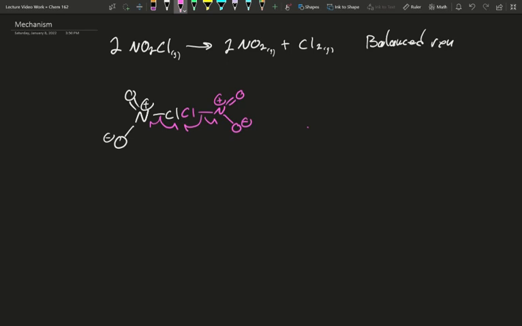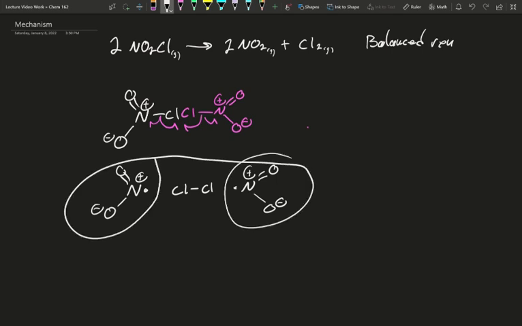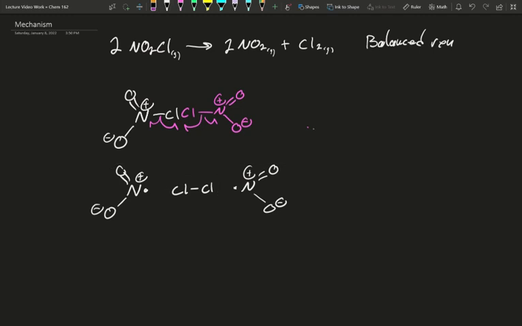You'd shatter the existing NCl bonds, the chlorines would stick to each other, and your NOs would still be attached. In doing so, we've made our products. I have two NO2s, I have a Cl2. This is one way this reaction could occur.